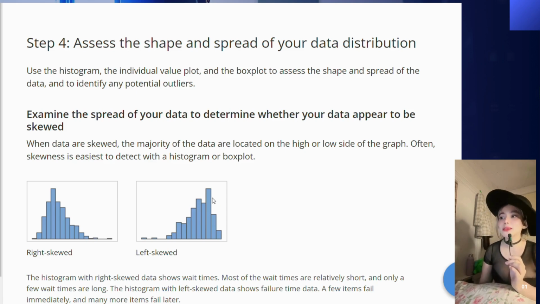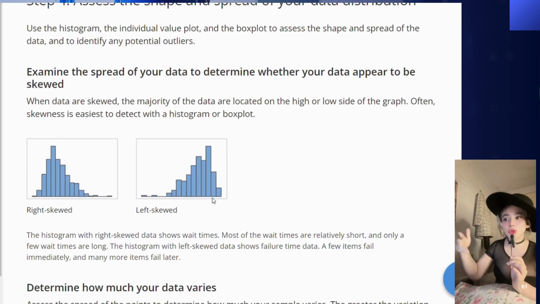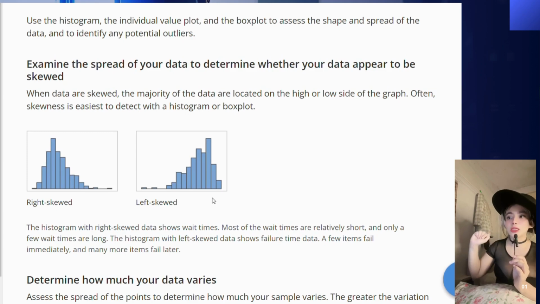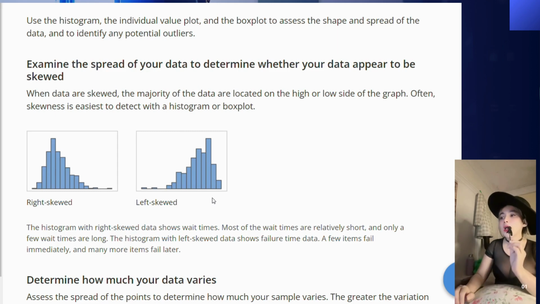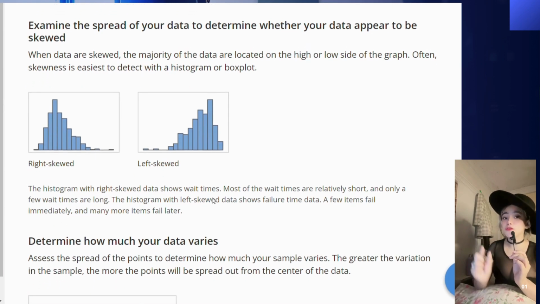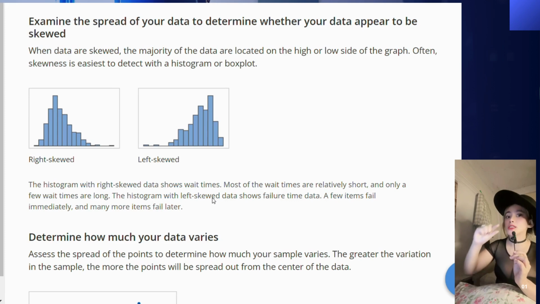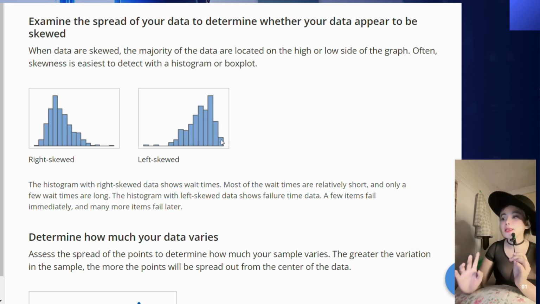Now, examine the spread of your data to determine whether your data appear to be skewed. But remember, when data are skewed, the majority of the data are located on the high or low side of the graph. Often, skewness is easiest to detect with a histogram or box plot because these individual bars would have their specific numbers, but here it doesn't have a number again.